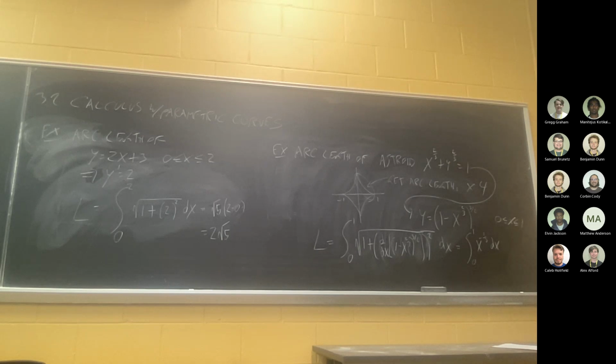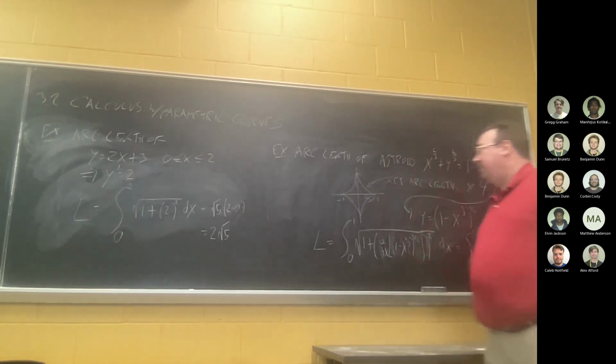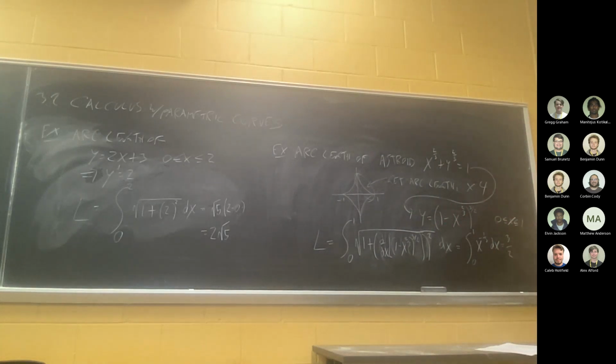Then you use the power rule on that, and the result you get is 3/2. That's just for one segment, so then you multiply that by 4. It turns out that the length of the entire asteroid going all the way around is 6. The details of how the algebra worked out after taking the derivative are in the notes.